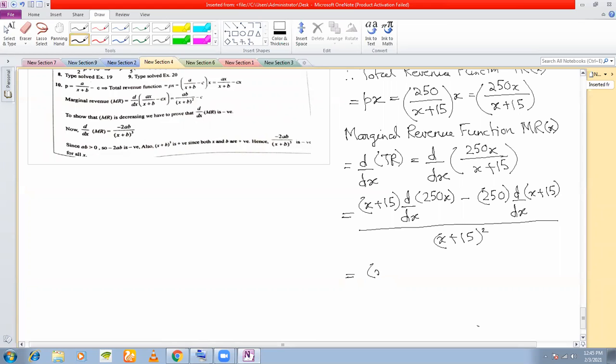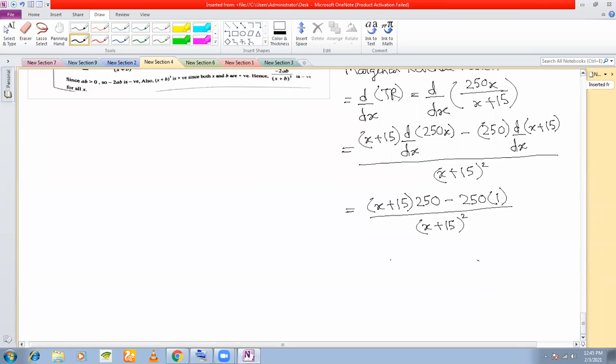So which is (x plus 15), d/dx of 250x is simply 250, minus 250 and d/dx of (x plus 15) is simply 1, divided by (x plus 15) whole square. Now let us simplify this.